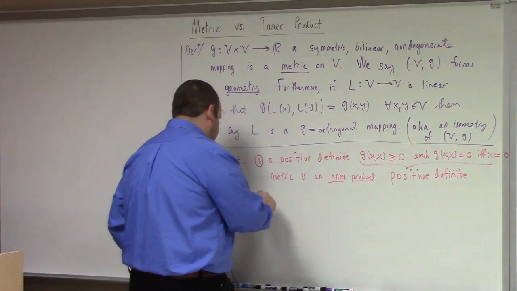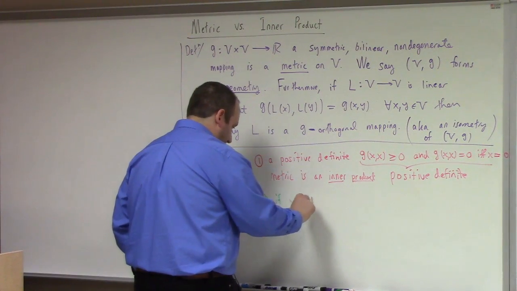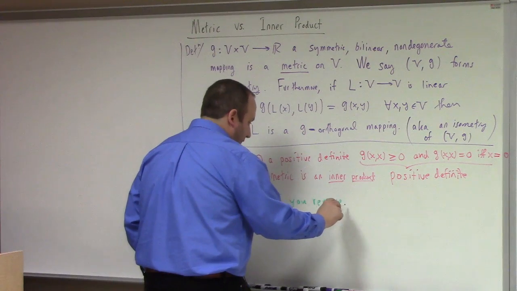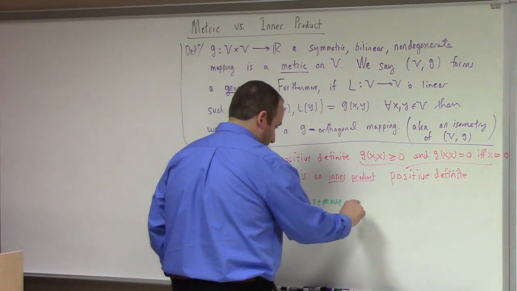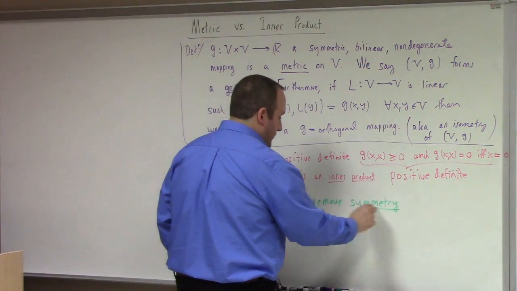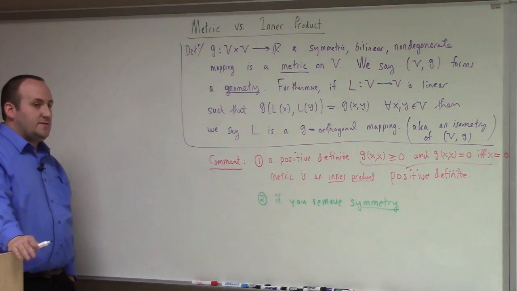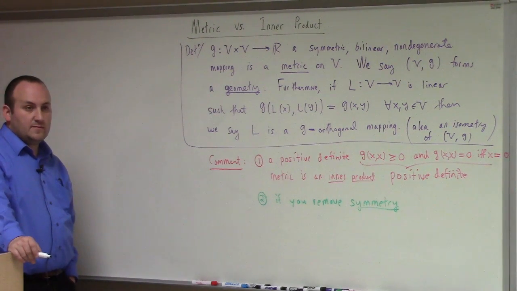Two, and I don't have much more to say about this except for this remark. If you remove symmetry from the definition above, some people still call it a metric. Some people don't insist on symmetry for the metric.